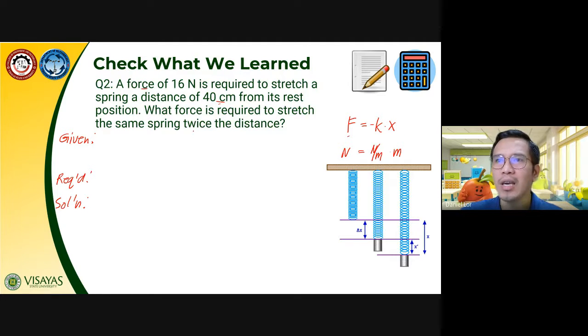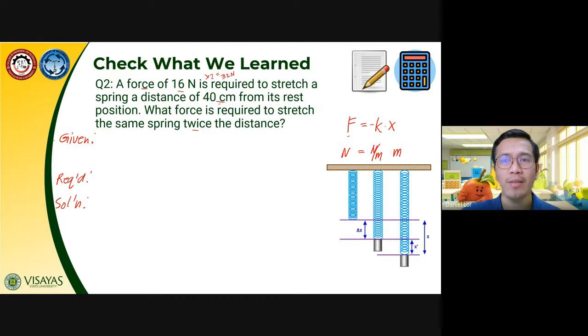Since it is mentioned here that we increase the distance x twice, our force is also increased twice, or times 2. So from that alone, we can already compute the force as equal to 60 Newton times 2, which is 120 Newton.